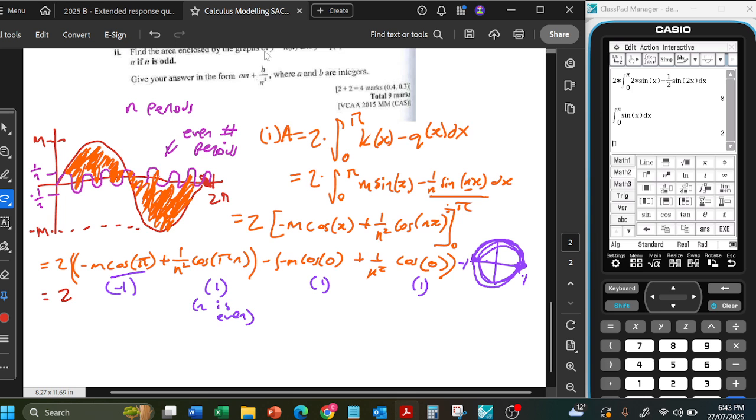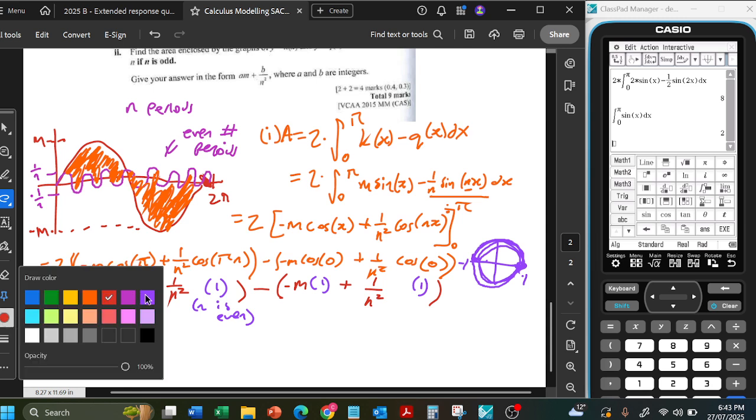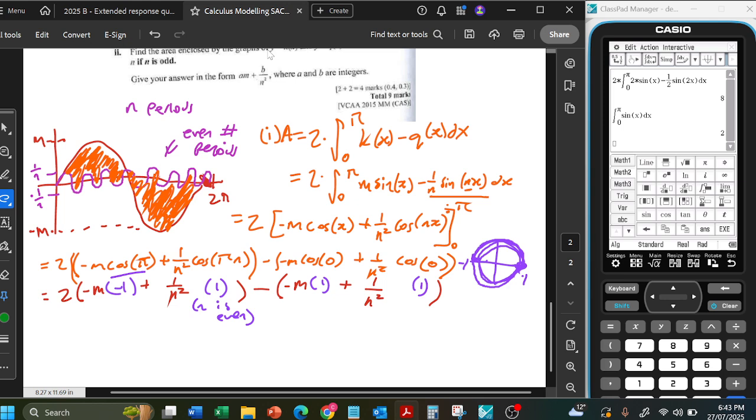So let's just fill in the rest of it. This is equal to negative m times -1 plus 1 on n squared times 1, minus negative m times 1 plus 1 over n squared times 1. Now let's have a look at this overall expression. What can we cancel out here? We have 1 on n squared minus 1 on n squared.